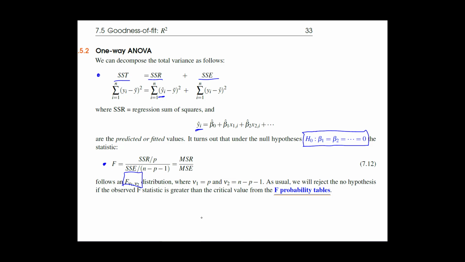All these things with sums of squares are chi-square in statistics, because remember what the chi-square was: it's the sum of squared normals. The ratio of two chi-squares divided by their degrees of freedom turns out to be an F distribution. Then there are probability tables to decide whether to reject or accept H based on that. That's all I want to say about ANOVA.